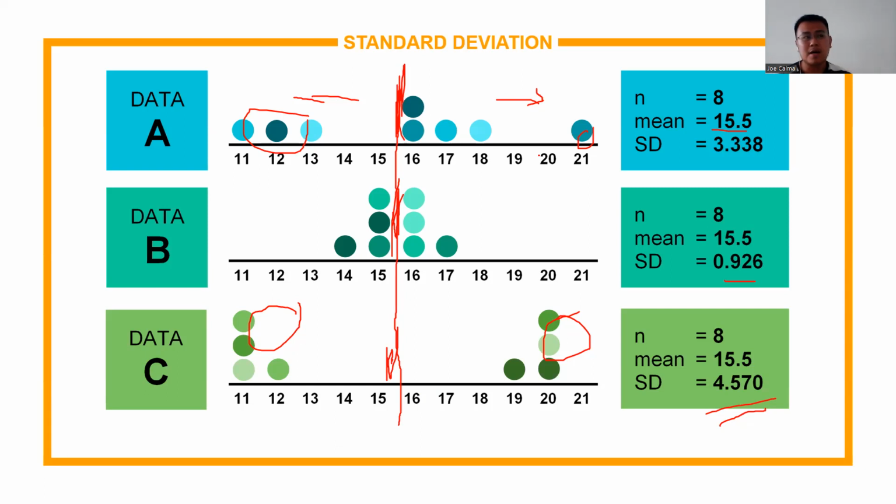Pero kung nag-iisa lang siya, wala tayong way to say na the standard deviation is high or low. Okay? Bakit? Kasi, ang purpose ng mathematics is describe. Diba? Under pa rin tayo sa descriptive statistics, which is already describing the data set.